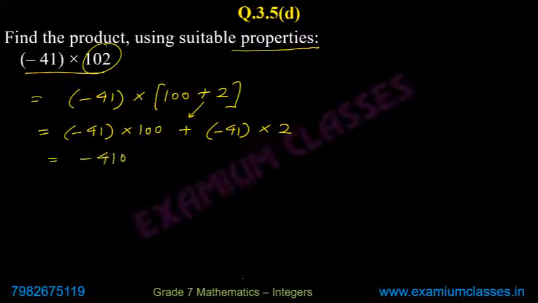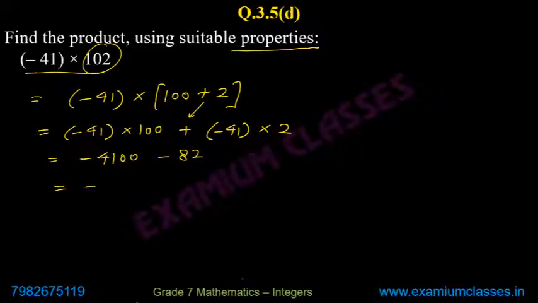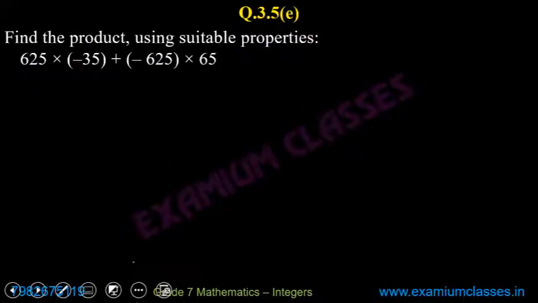That is minus 4100 minus 82, minus 4182. Remember always, if the signs are same, you need to add these and put the same sign there. Plus into minus will be minus. That's why minus 4182, distributive property.